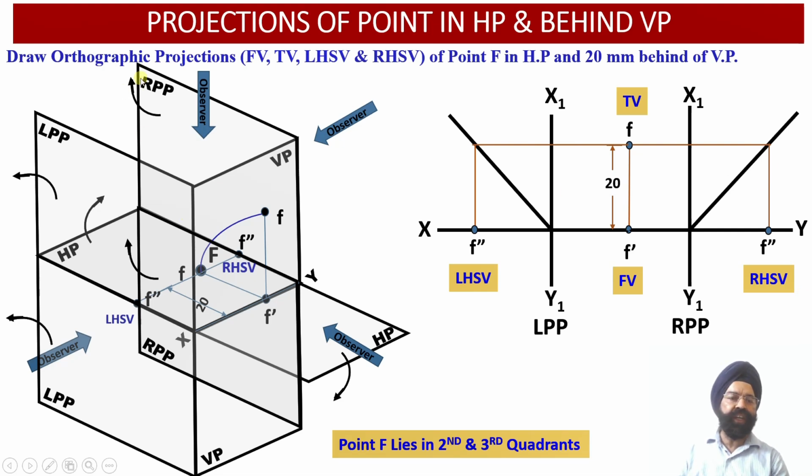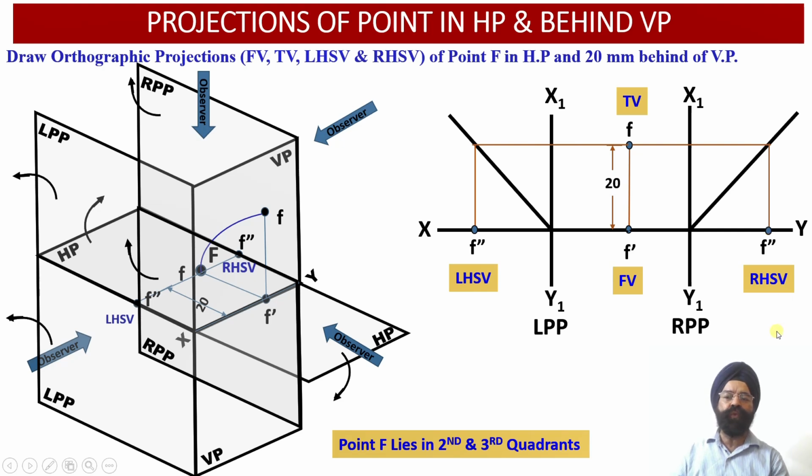So now we can conclude that the right hand side view projections of a point in the second quadrant or the third quadrant will be available on the right hand side of the front view orthographic projections.